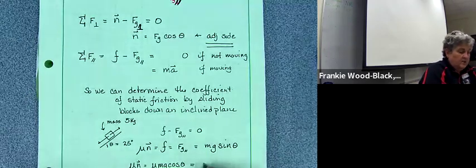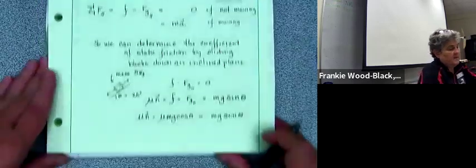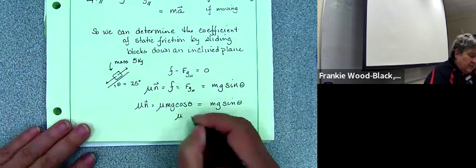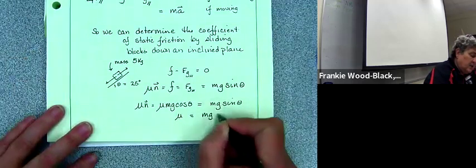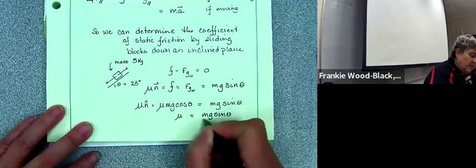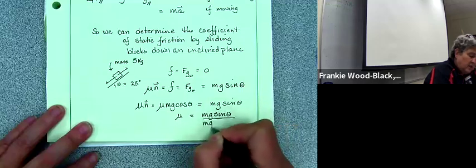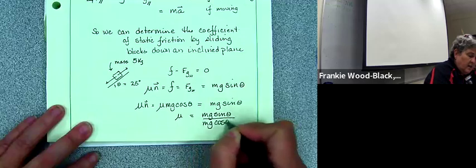So that equals mg sine of theta. My coefficient of friction is going to equal mg sine of theta divided by mg cosine of theta.